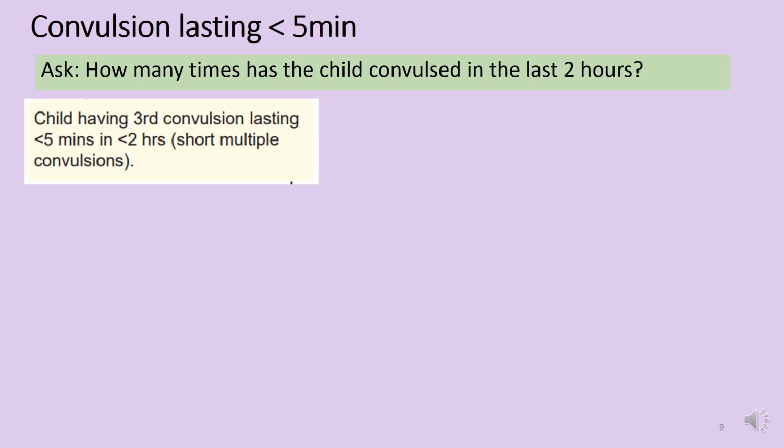What is significant in this situation is a child having a third convulsion, and this third convulsion is happening within a span of 2 hours. That means they're having short multiple convulsions. So any 3 or more convulsions lasting less than 5 minutes, occurring within 2 hours, that is a child who then can get anticonvulsant medication.